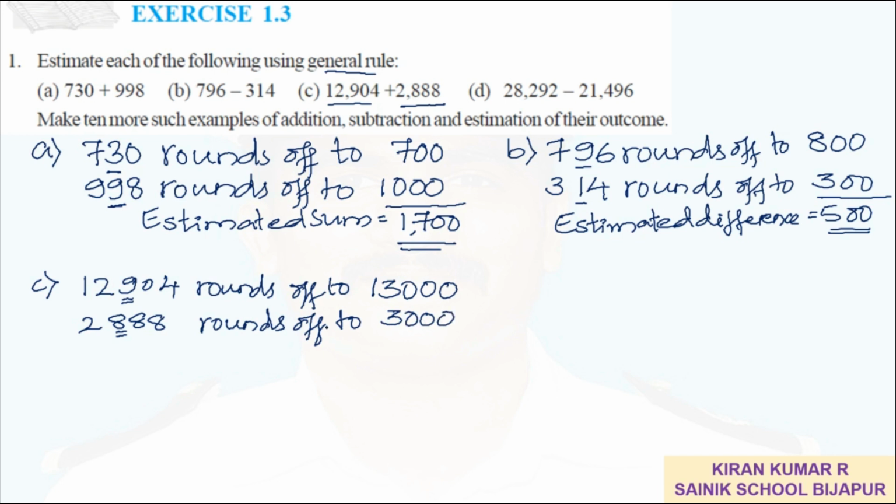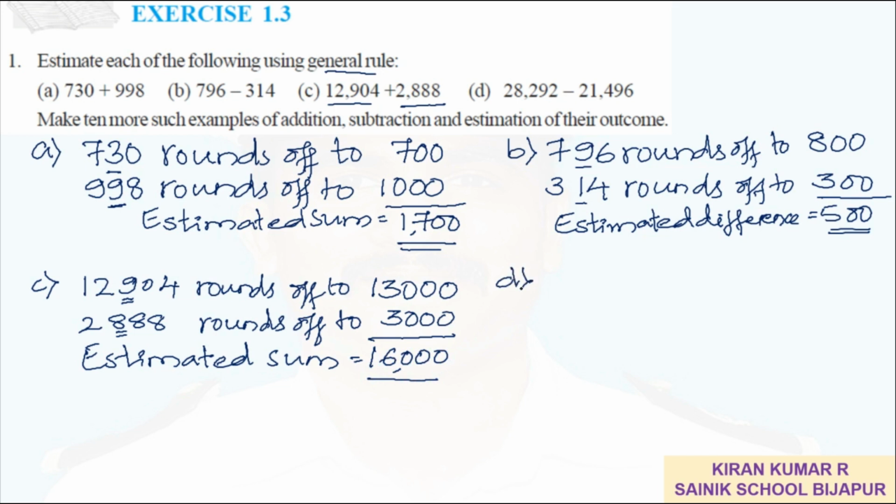The reason is 8 is larger than 5. So these digits are replaced with zeros, and to this number 2 we have to add 1, then we will be able to find the estimated sum. So the estimated sum is the sum of these two numbers, nothing but 16,000.